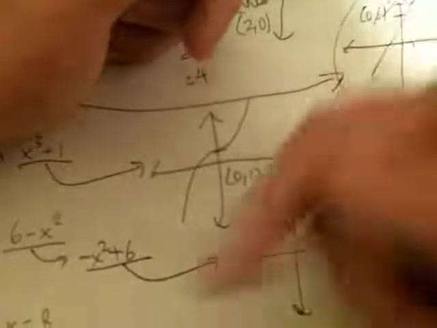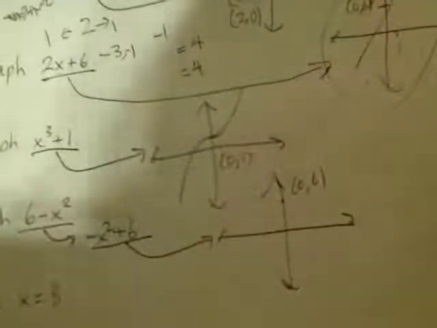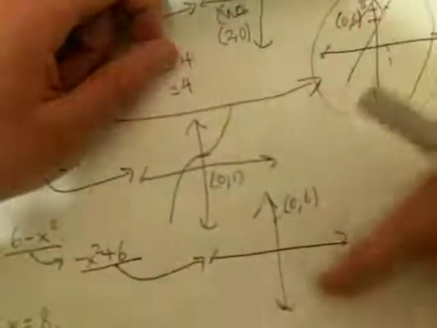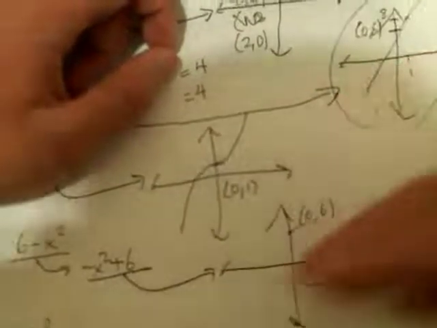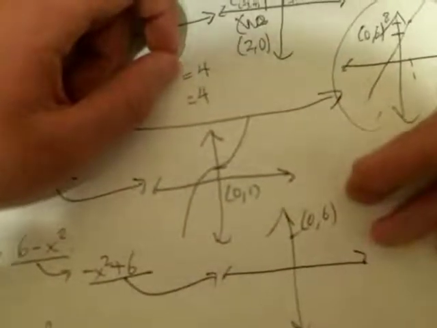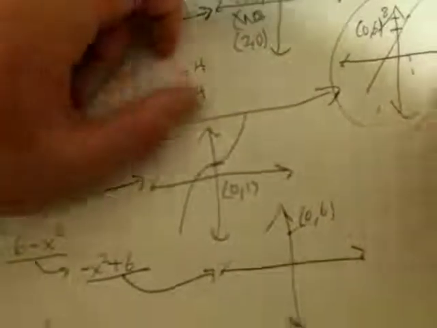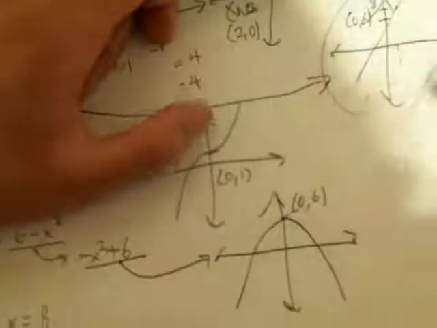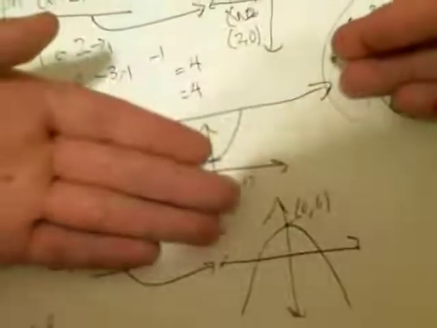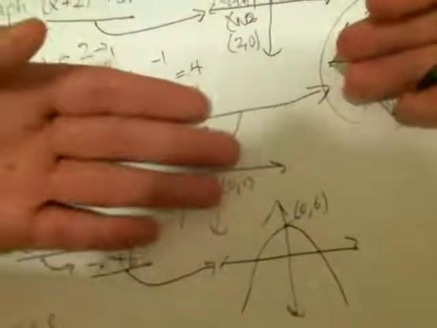And then we would have negative x squared, which is the parabola. So note that this is a negative, not a positive, so that means it would be facing downward. Which would also mean the vertex would be the highest point in this entire parabola. So we can see that the vertex is 0, 6, since that is also the y-intercept, since it does not shift to the left or right.